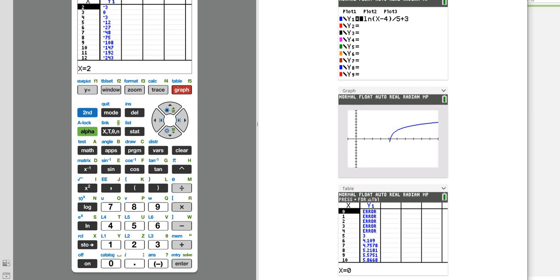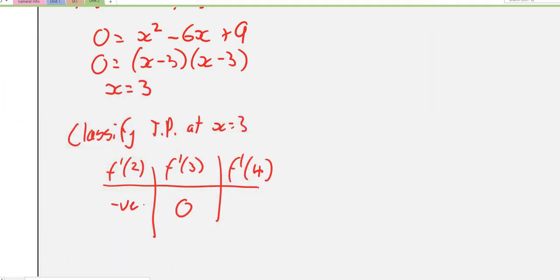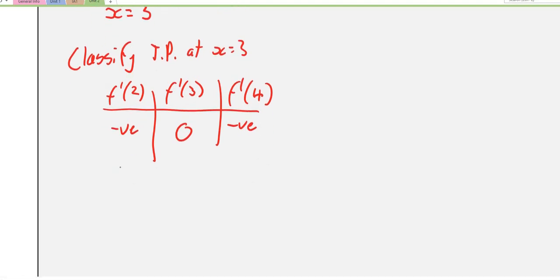Before 3, we have a negative number, and after 3, we have a negative number for the gradient. So that means my slope is falling, it levels out, and then it falls again.